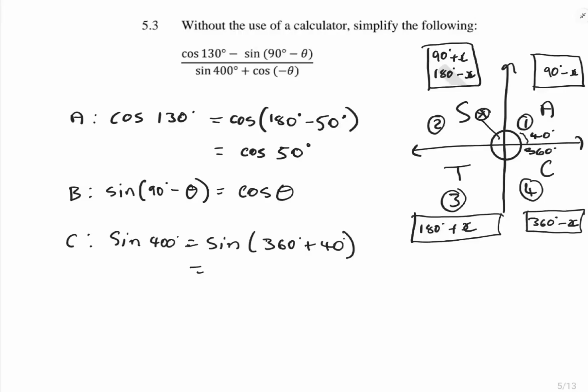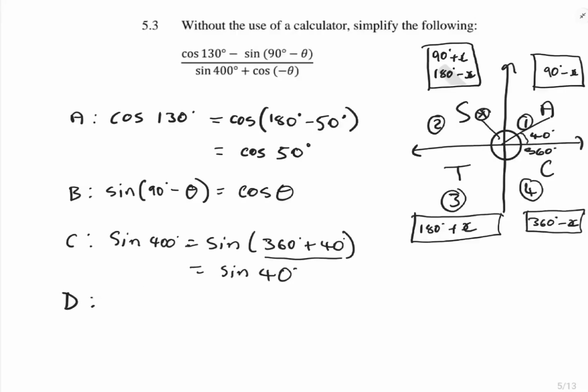If we've added 40 degrees on this 360, we're back in the first quadrant. So an expression of 360 plus an angle is in the first quadrant. And in the first quadrant, what is sine? Everything is positive there, so we can change it into sine 40 degrees.